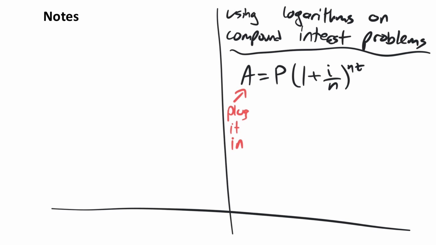If you just plug in all the numbers, you'll get A equals. If you need to solve for P, you just need to use basic algebra. You plug in everything, P is left over, divide it out, and solve for P. If you need to solve for I or N, maybe take another math course.